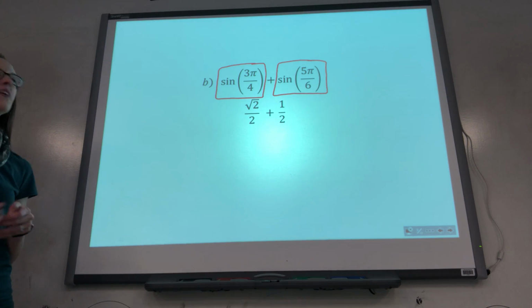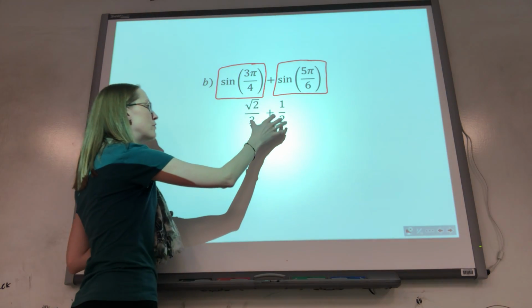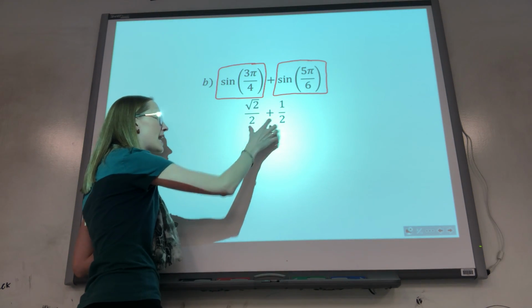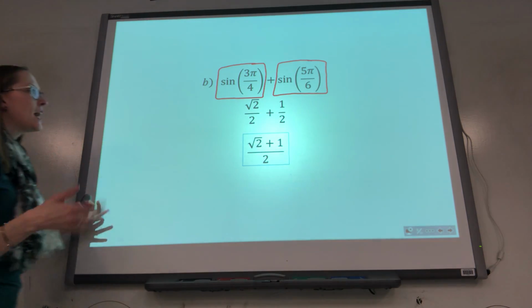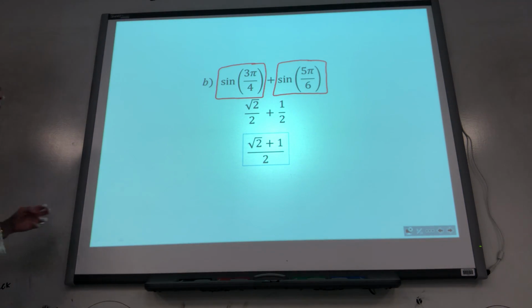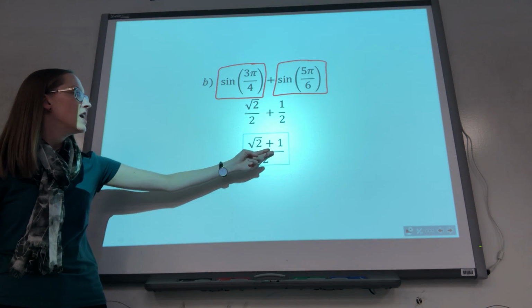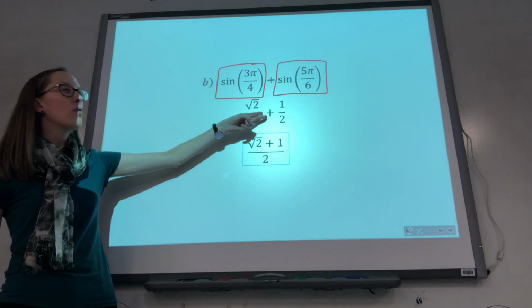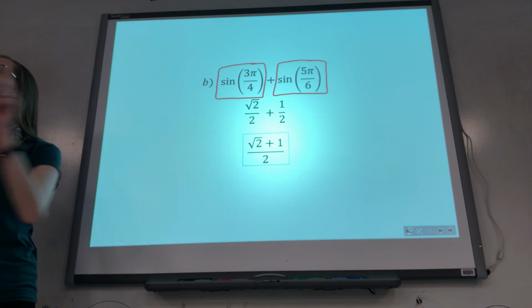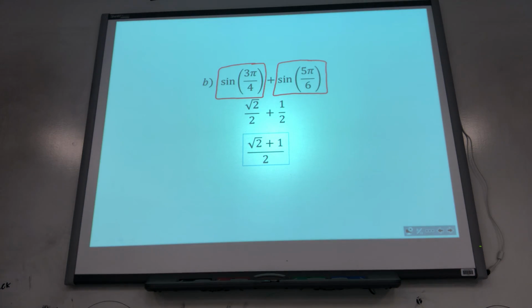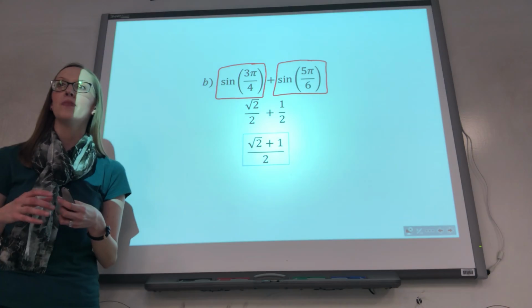And same deal here. If your denominators are already the same, keep it and make it one single fraction. You do need to put the plus 1 here. So either radical 2 plus 1, or if you want to put 1 plus radical 2, that would also work.